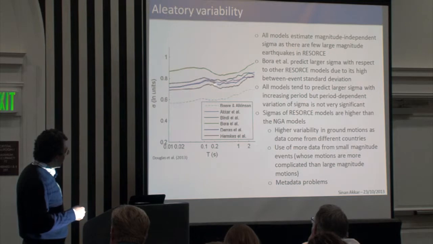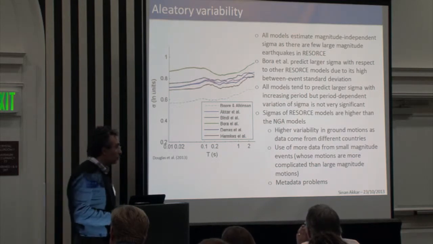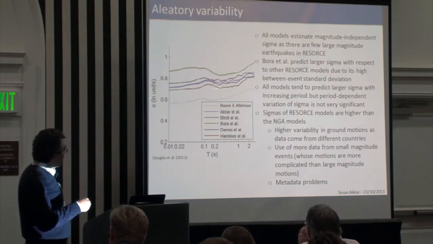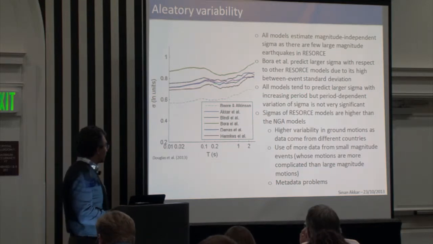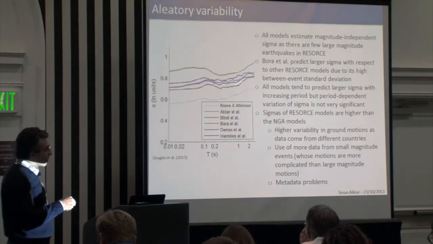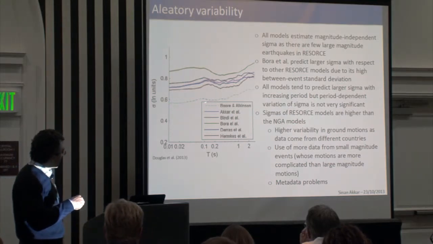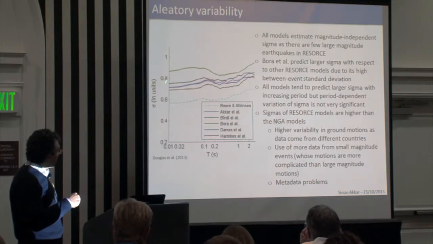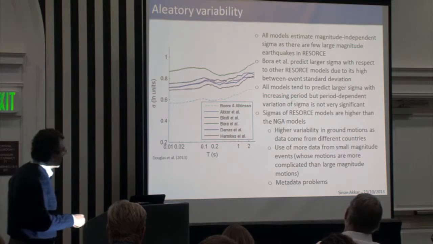There seems to be an increase in sigma with increasing period, except our model. But essentially, I would say the dependence of sigma on period is insignificant, and we still have larger sigma with respect to NGA models. This is the variation of sigma for Boore and Atkinson, and these show the variation of sigma of resource models.